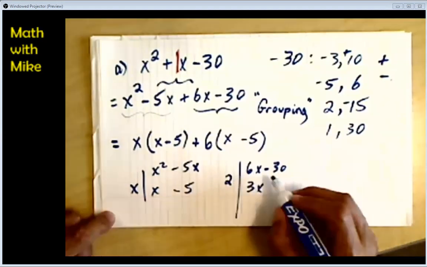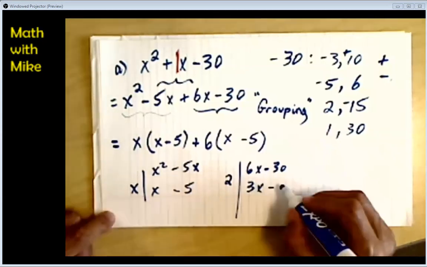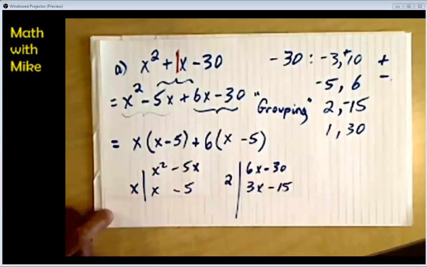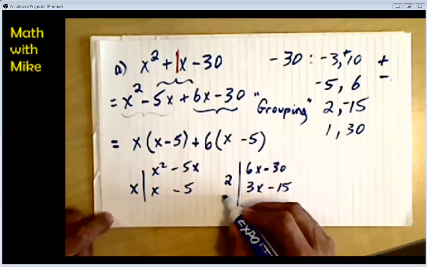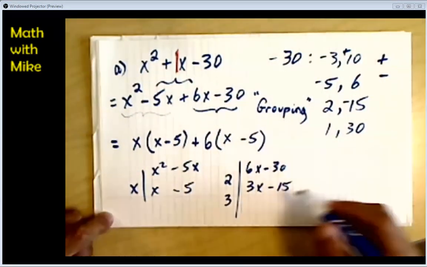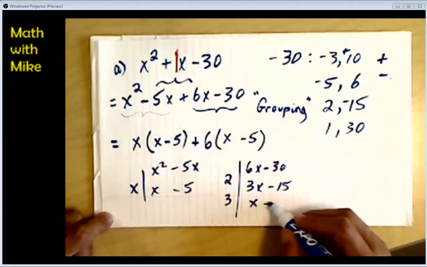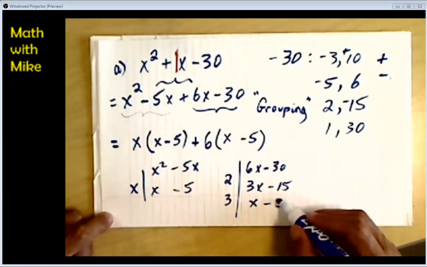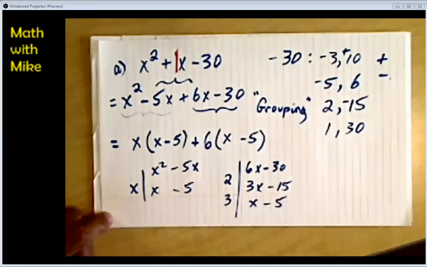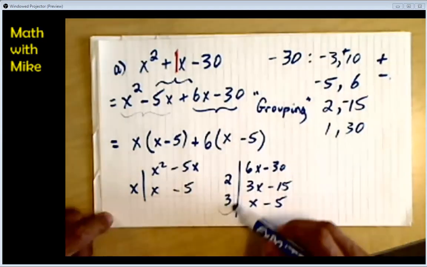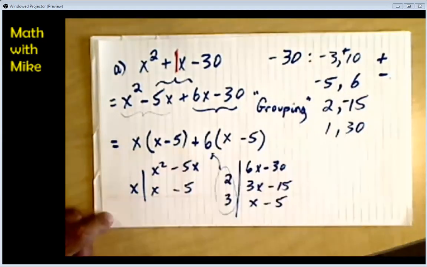Okay. Minus 30 divided by 2. Nice. 15. Okay. So can we keep going? Yes. 3 only, actually. So the GCF comes from multiplying those together, which we do to get 6.